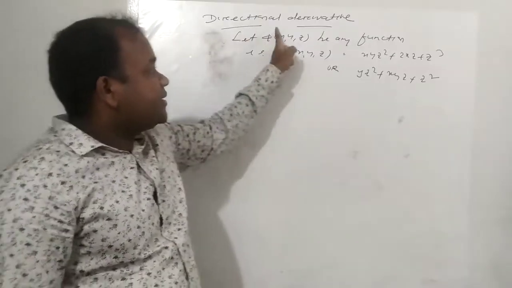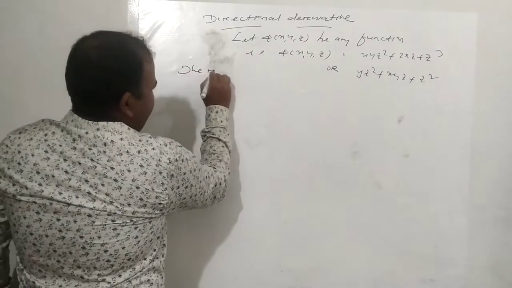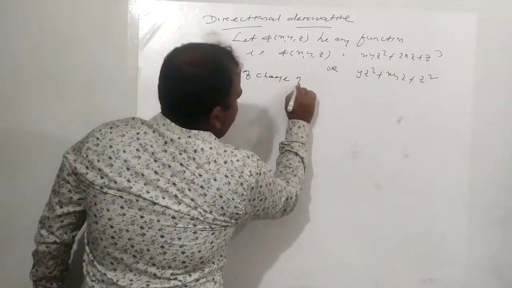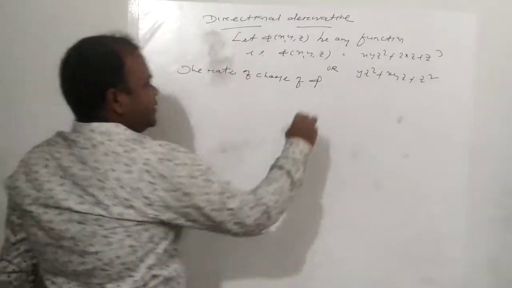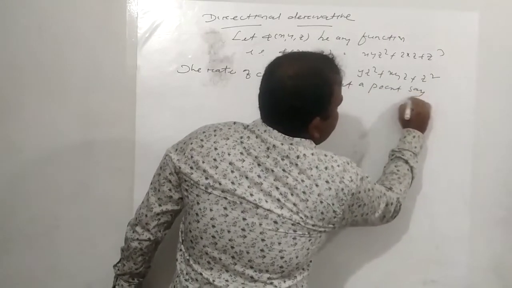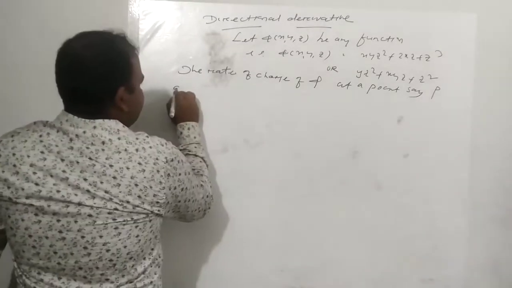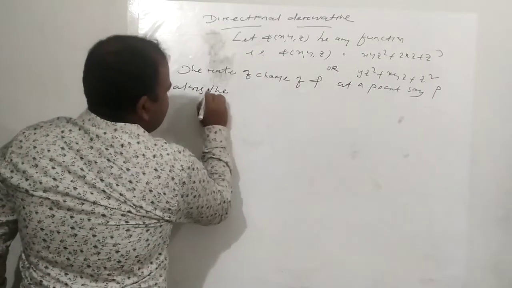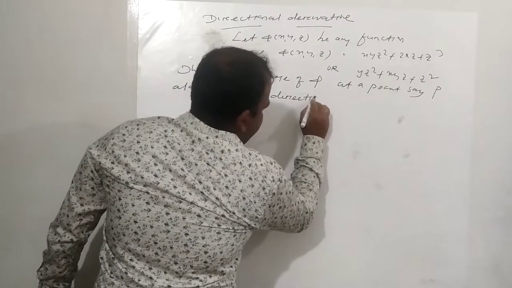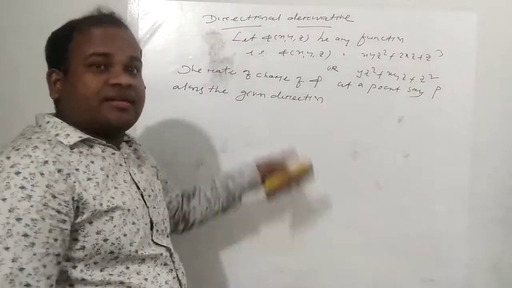Then what do you mean by directional derivative? The rate of change of phi at a point, say point P, along the given direction. Along the given direction means along the given vector.